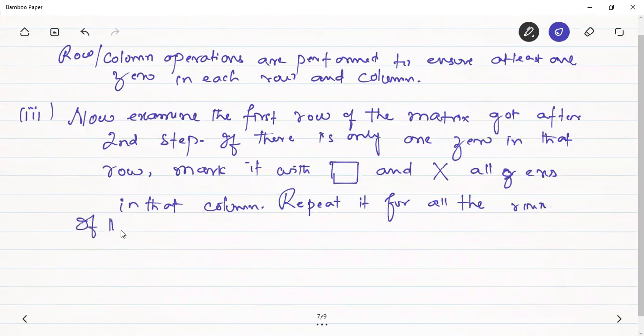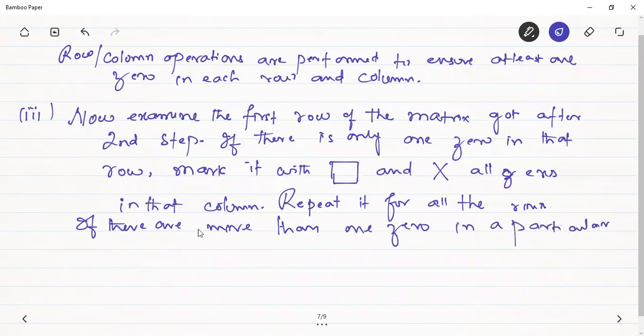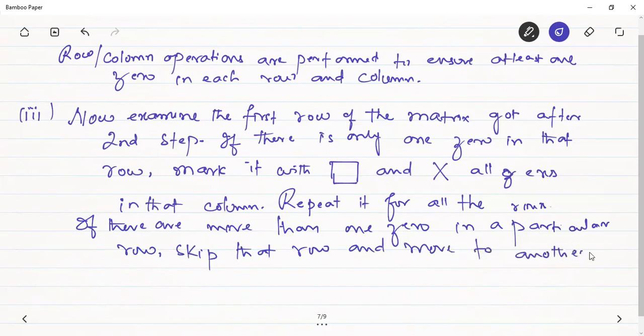If there are more than one zero in a particular row, skip that row and move to another row. Okay, skip that row and move to another row.